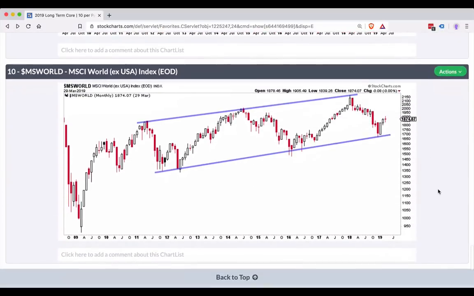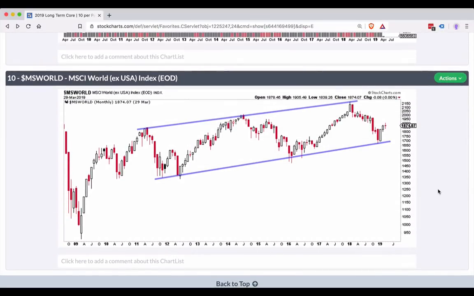Last but not least, on this page 1 anyway, is our MSWORLD World Index. This is the MSCI take of world equity markets minus the US, so these are all the equity markets ex-US. If we look at this, we have a very gradual channel that's been developing since 2011.